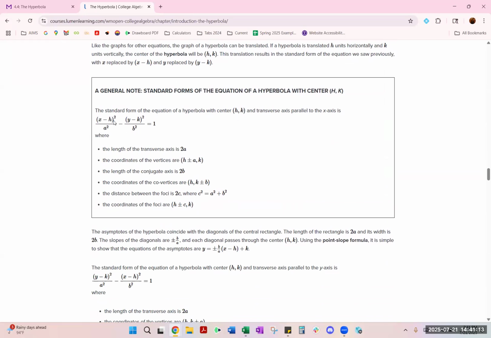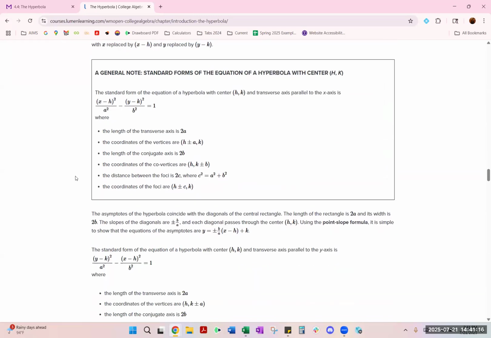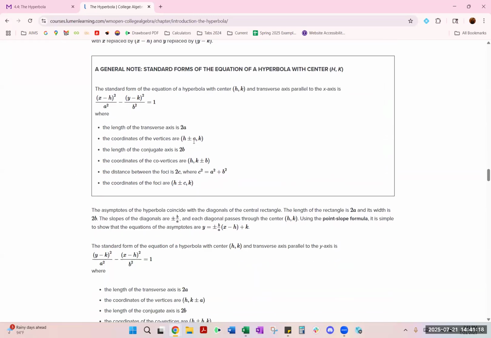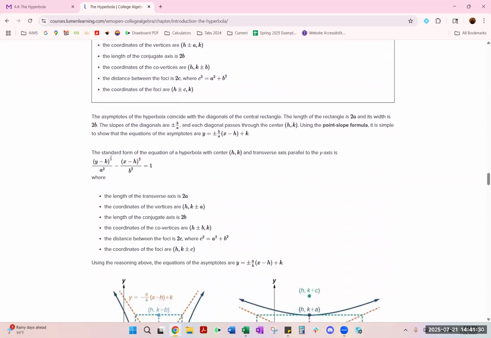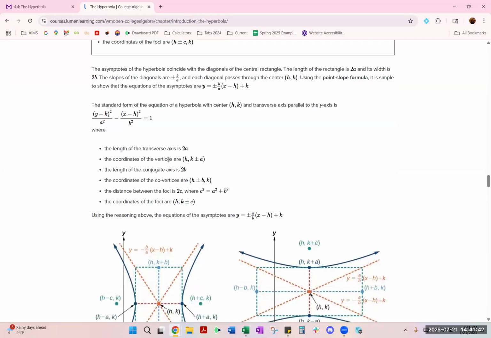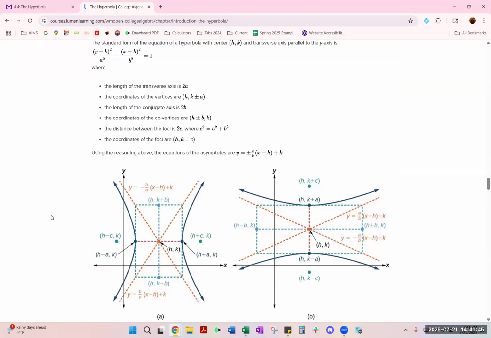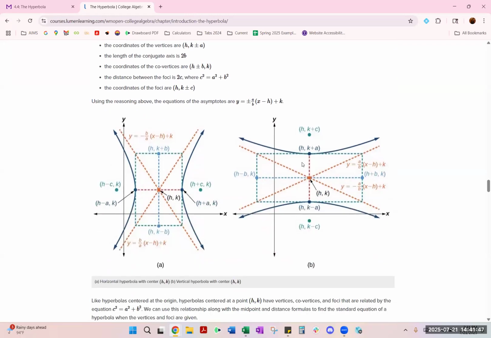You can see how your equation changes in that case, and how that will affect your coordinates for the vertices, where the foci will be, and the equations for your asymptotes also. And if the hyperbola is opening up and down, where the transverse axis is on the y-axis, then this is what the equation will look like. And again, you can see how all of these values change. And then you can see the graphs for the two types of equation.